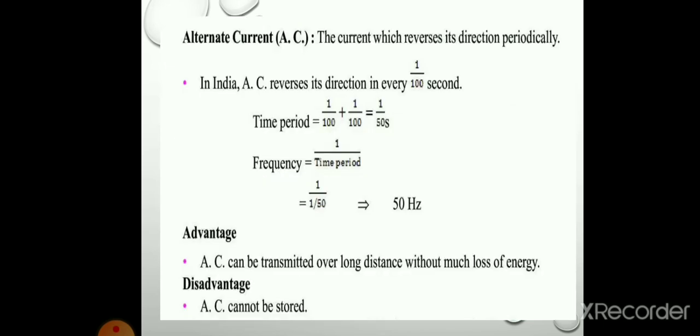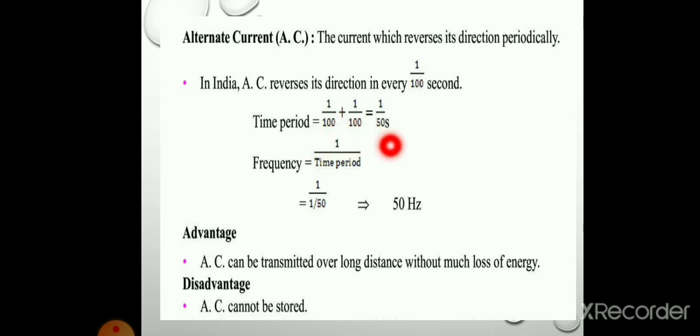So in India, AC reverses its direction every 1/100 second, which means every 0.01 second it reverses its direction. So 0.01 plus 0.01, that means 1 by 100 plus 1 by 100, which is equal to 1 by 50. The total time period taken to complete one full rotation is the time period, right?